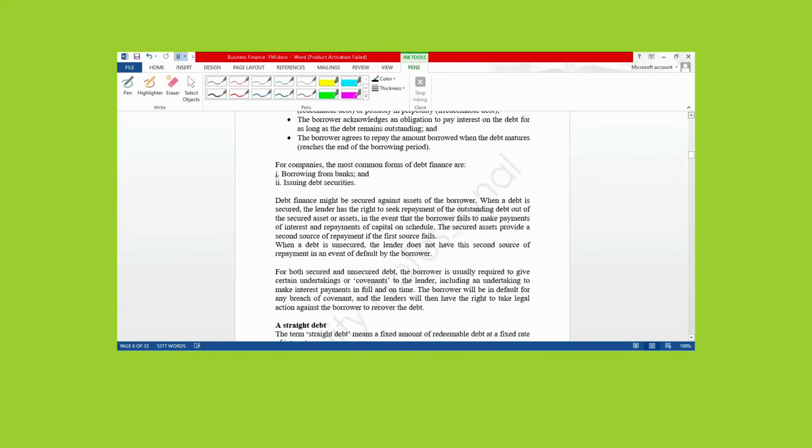Whether you borrow for long term or short term, whether convertible bond, redeemable bond or irredeemable bond, there is an element of interest payments.